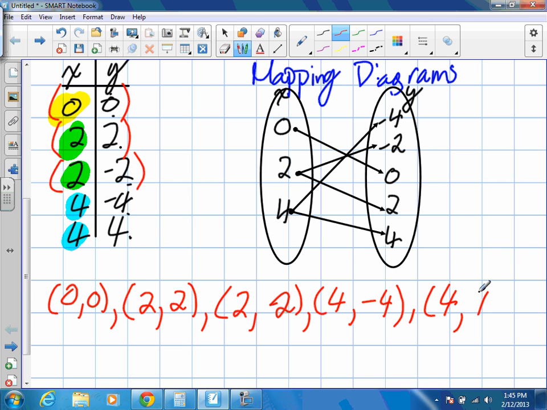So these are written as just coordinates.